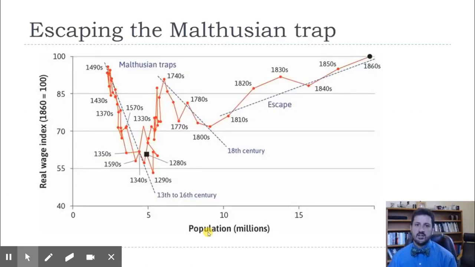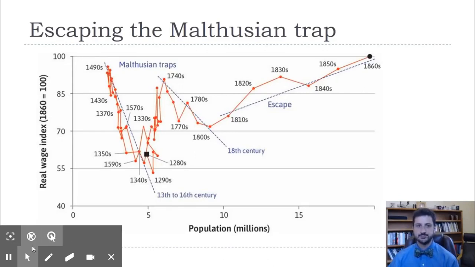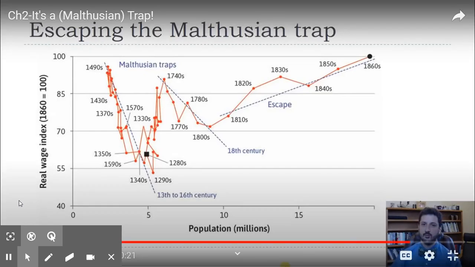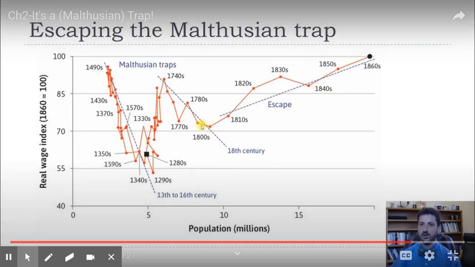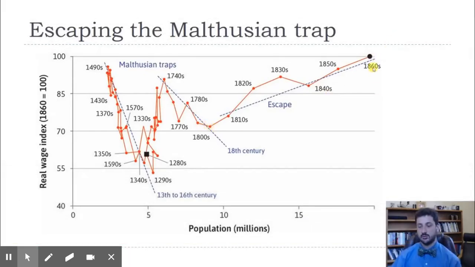So really the escape from the Malthusian trap, you can say, production sort of started increasing in the middle of the 17th century, but wages didn't really start increasing until the 19th century. But you can see that from about 1800 to 1860, wages increased by 40 to 50%, going from 72% of what they were in 1860 to 100%, obviously by 1860.